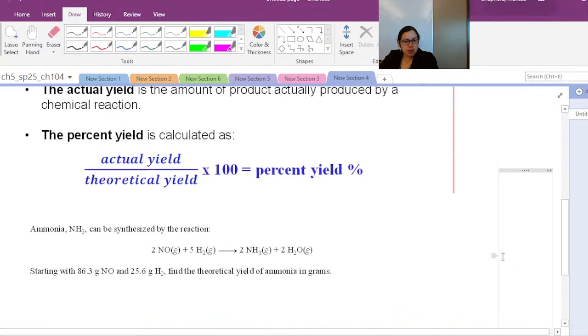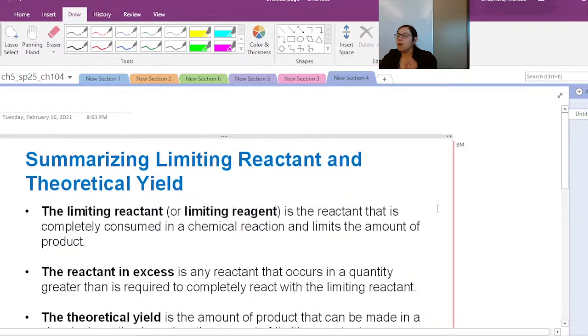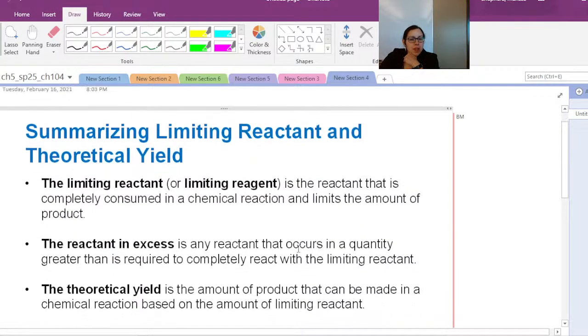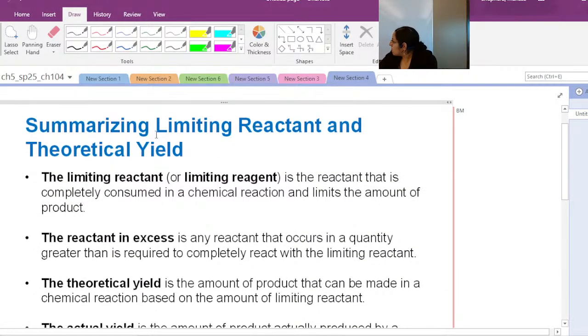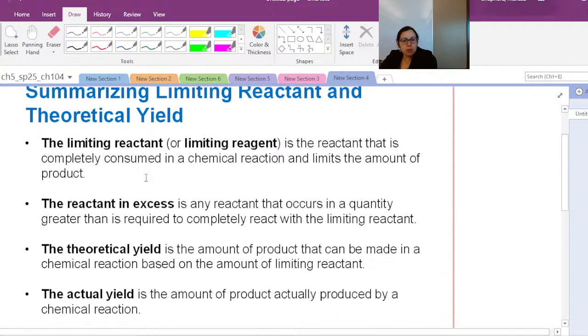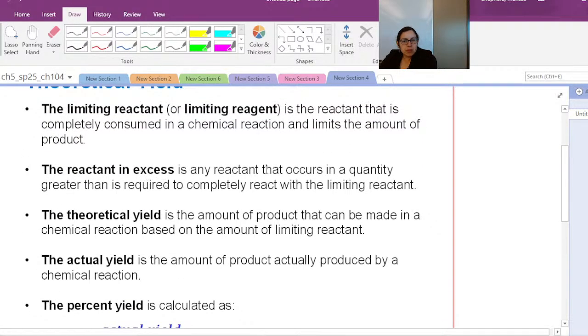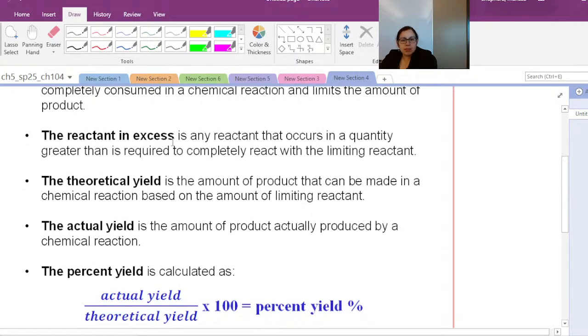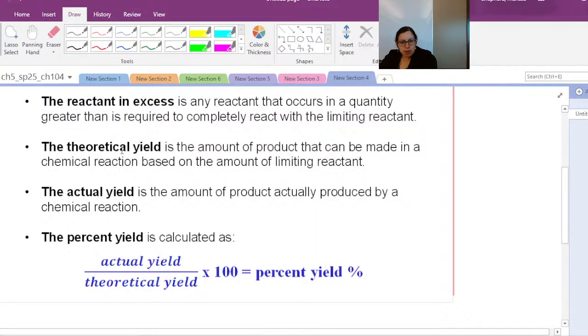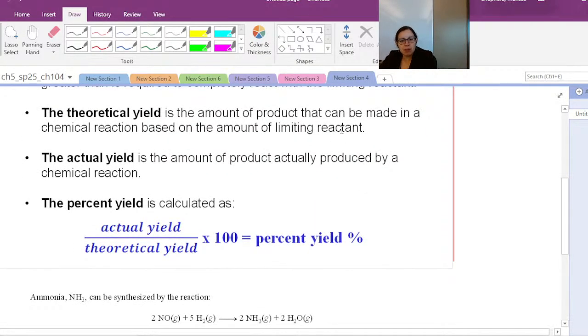Let's see if we can start the next problem. We mentioned that we sometimes do limiting reagent and theoretical yield problems. Our limiting reagent tells us which one is consumed first. The excess one is the one in larger quantity. And our theoretical yield is how much we calculate based off that limiting reactant.